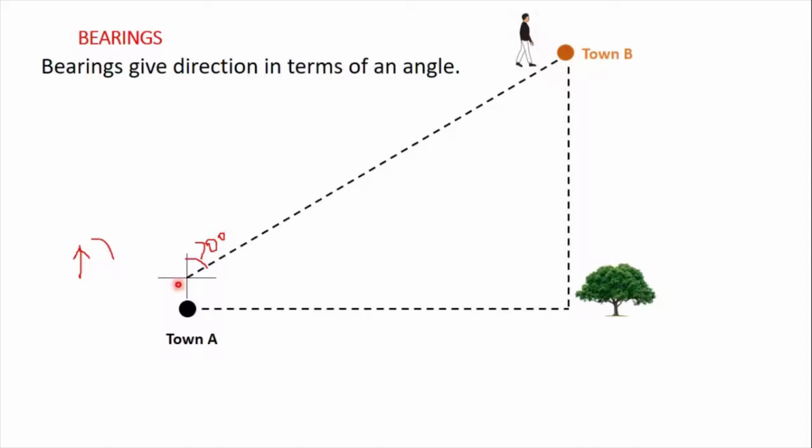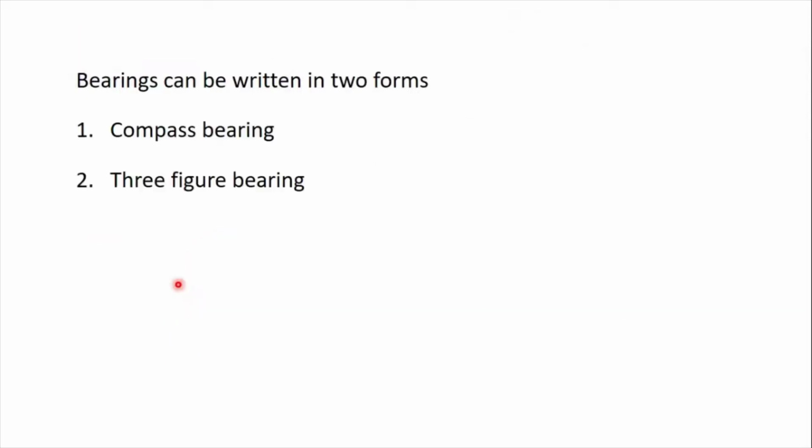So whenever you use an angle to give direction to a certain point, we call that angle the bearing. We have also seen that bearings can be written in two forms, that is the compass bearing and the three-figure bearing. In the subsequent videos, we are going to learn more about the compass bearing and the three-figure bearing and how to represent these bearings on a diagram.